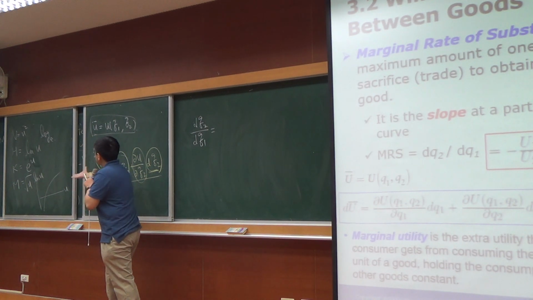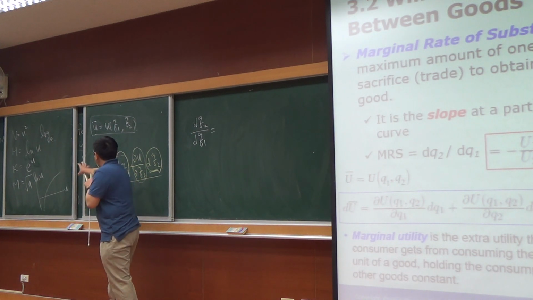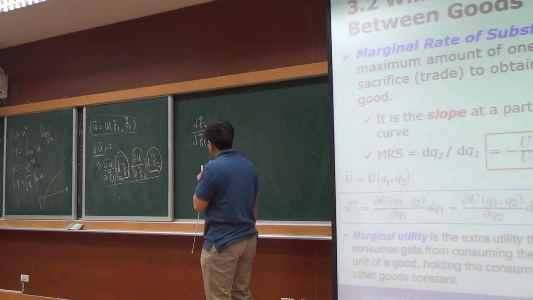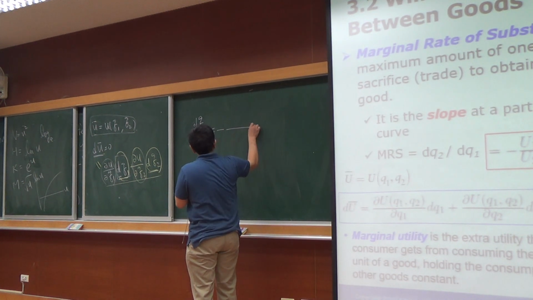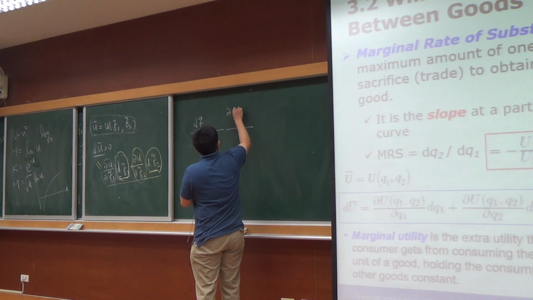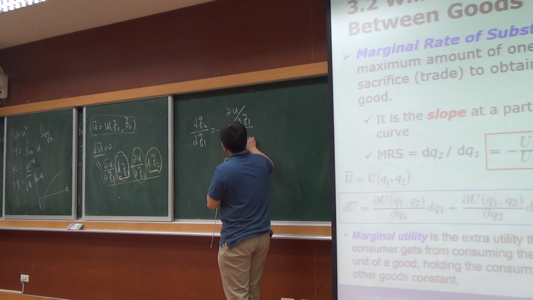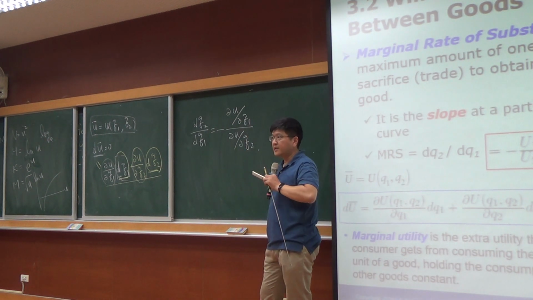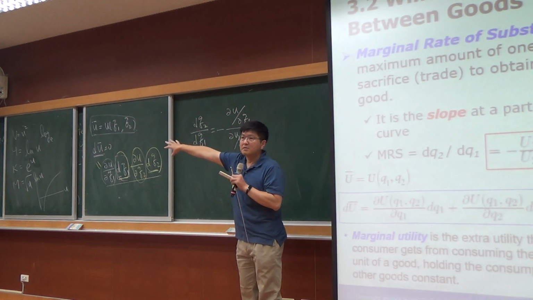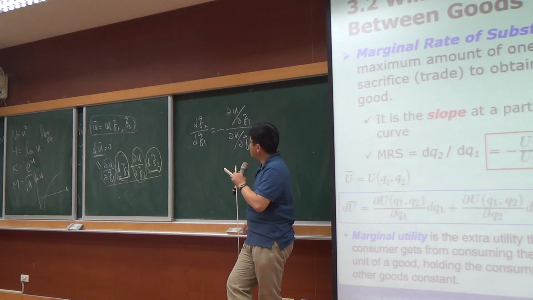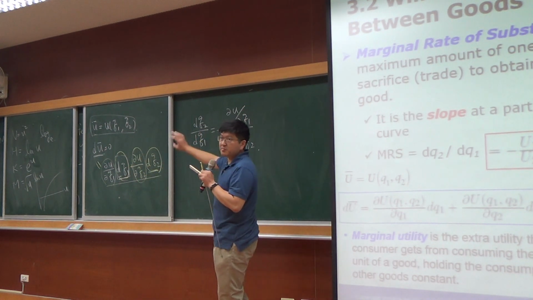We move this to the left-hand side and move dQ1 to the denominator. So we may have a negative sign and partial U, partial Q1, over partial U, partial Q2. Is that right? We may restore the equation back to here quite simply, right?